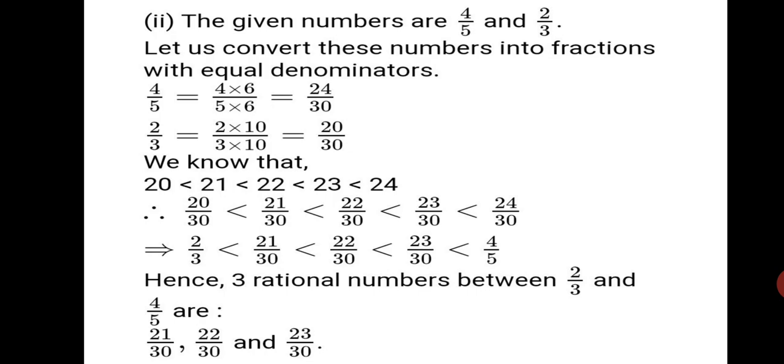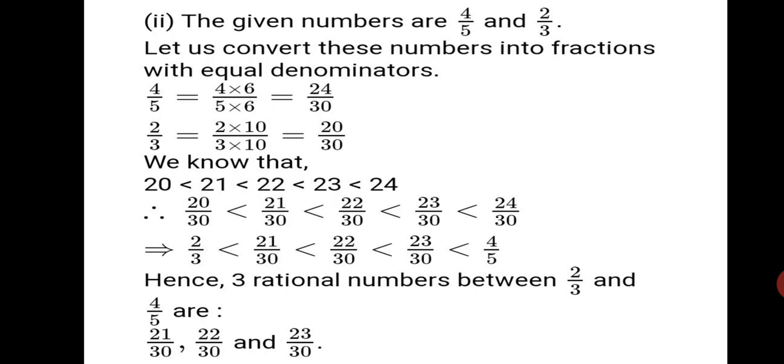So we can take them as an answer, that 2 upon 3 is also less than 21 upon 30 and so on. Hence 3 rational numbers between 2 upon 3 and 4 upon 5 are 21 upon 30, 22 upon 30, 23 upon 30.